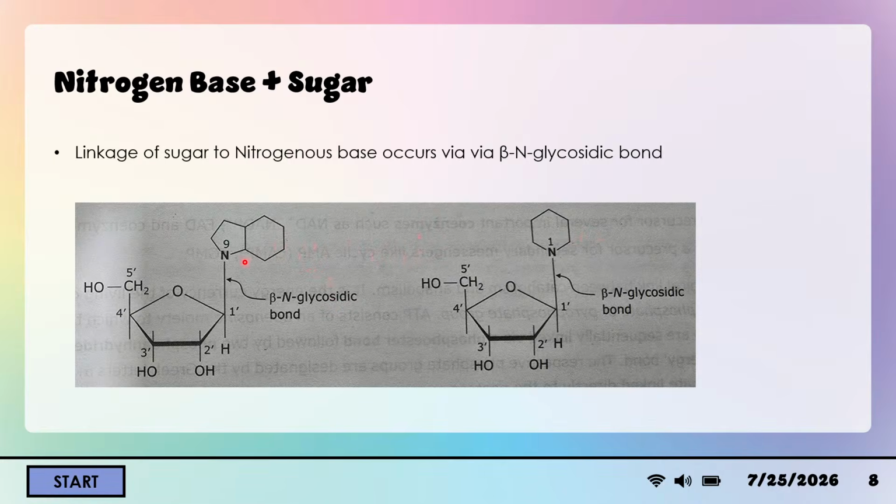Essentially these two bonds are the same, but here it is in case of one type of sugar, and here it is in case of the pyrimidine, so the other type of sugar. So you have to remember that the bond is N glycosidic bond. This is important to remember because when we exploit the properties for any biological analysis using sophisticated machines, these particular chemical properties are exploited there.